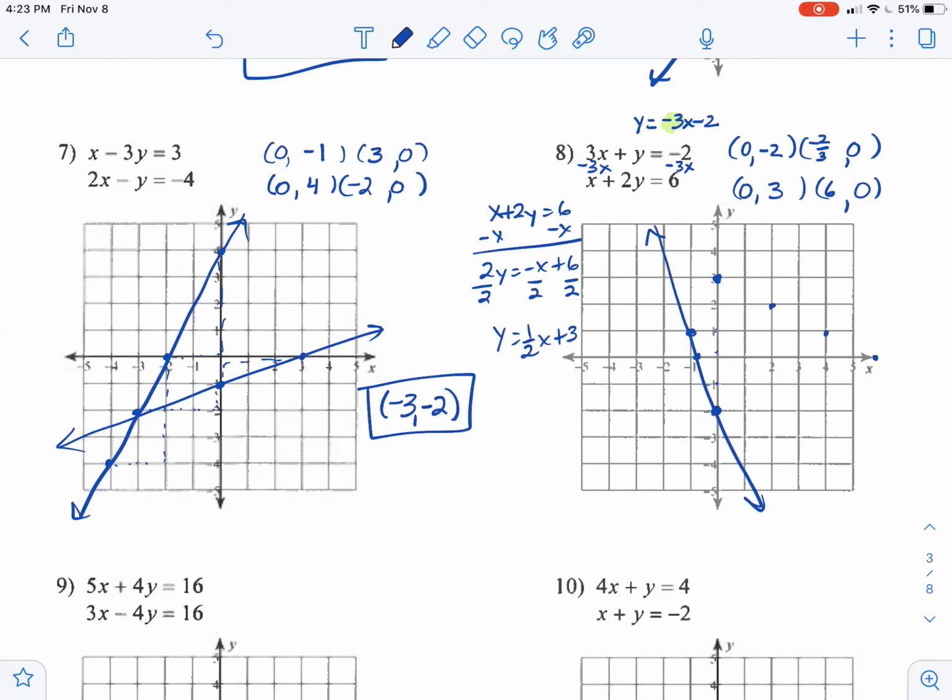Now my line, let's see, so if I kept going up, there's where my line is going to, whoops, that's a very poor line. Okay, so either way, there's where I'm crossing. So my answer would be -2, 4.